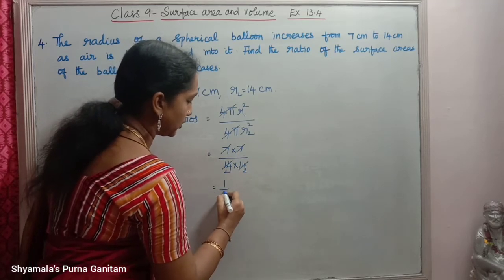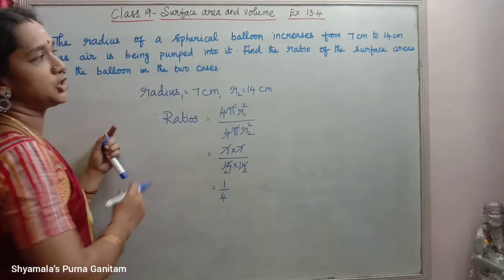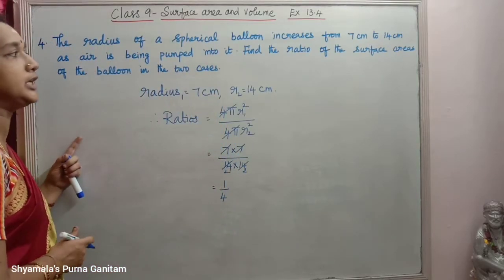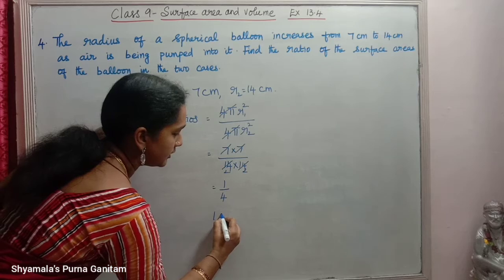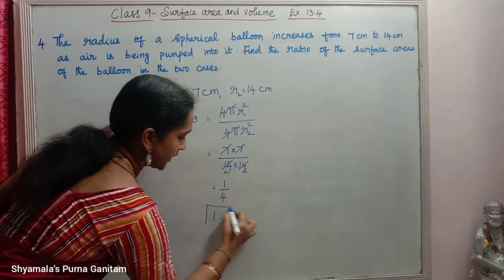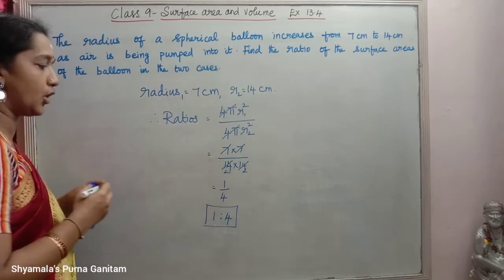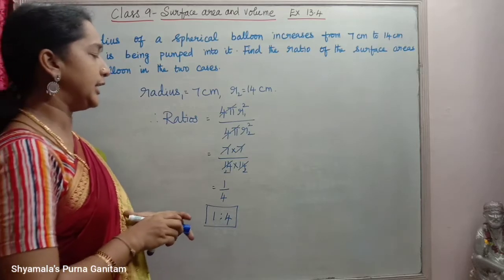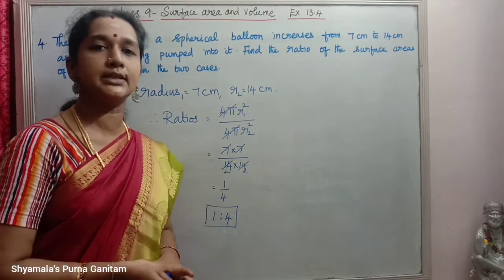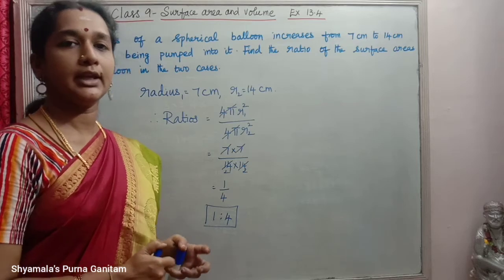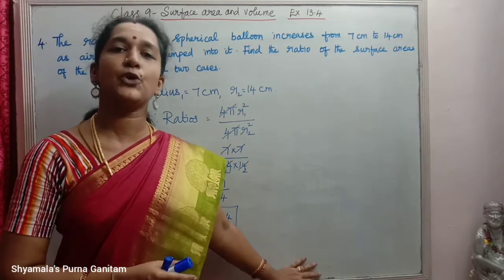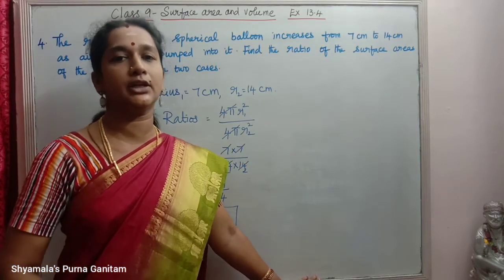So this is equal to 1 by 4. So the ratio of the surface areas of the balloon in the two cases is 1:4. Okay, clear? So everything is direct formula application sums only.